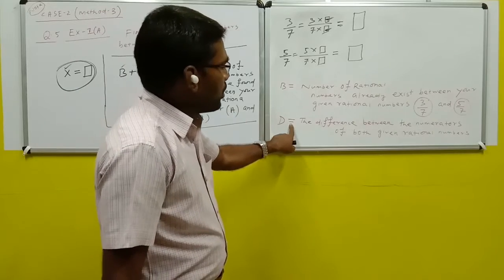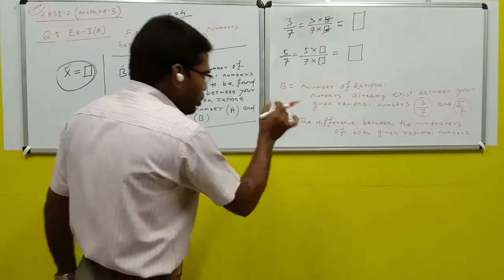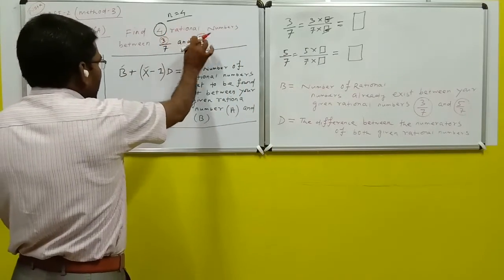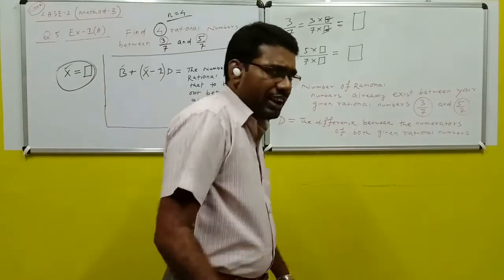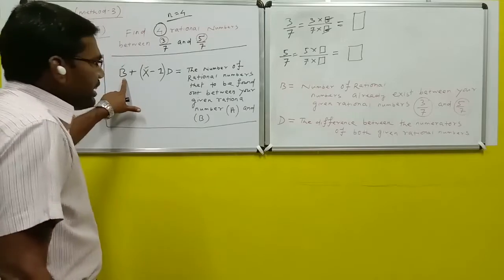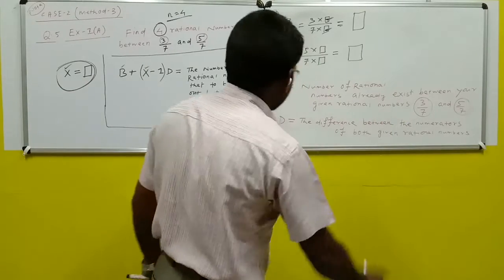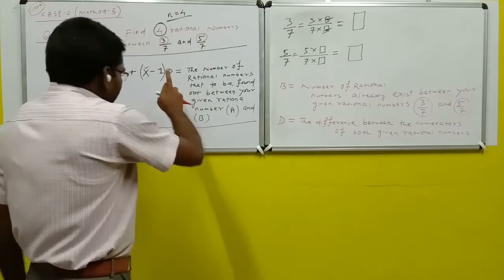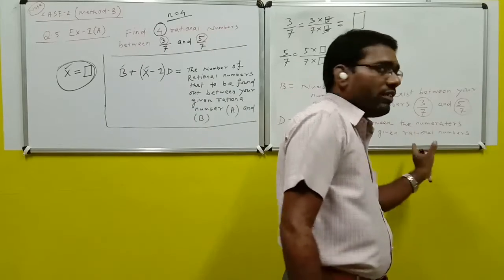Therefore, d equals the difference between the numerators of both given rational numbers. It means the difference between 3 and 5. So finally, I am telling you that b indicates the number of rational numbers already existing between your given rational numbers 3/7 and 5/7. d indicates the difference between the numerators of both given rational numbers.